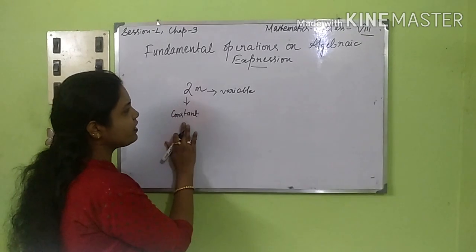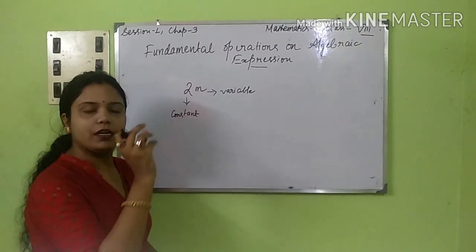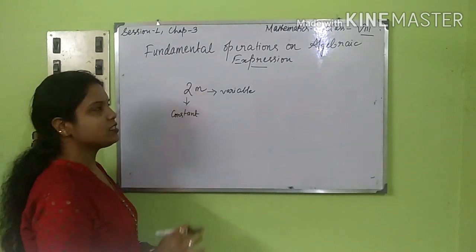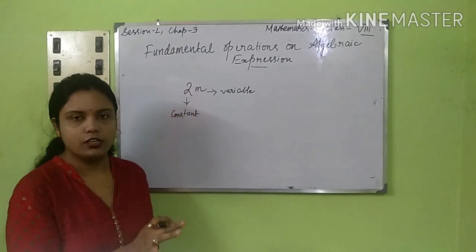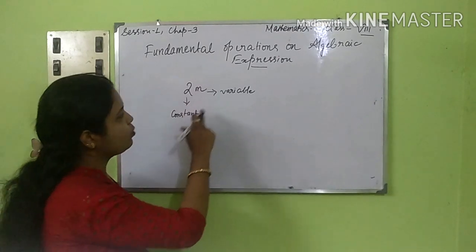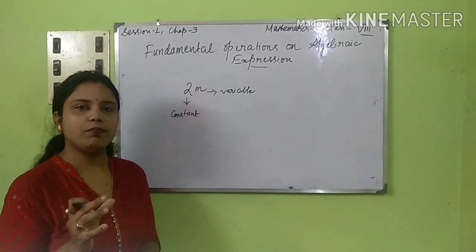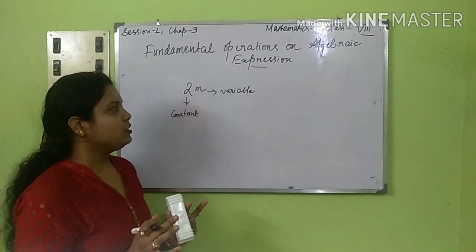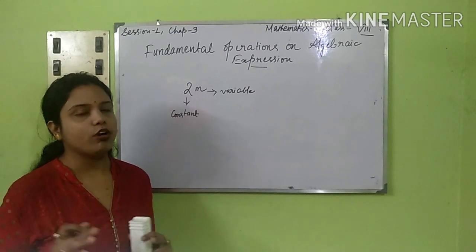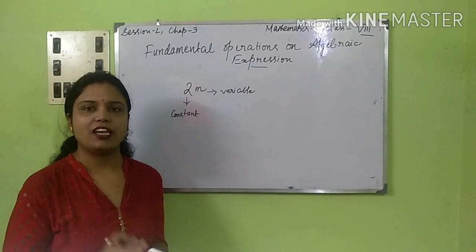Now, what is the difference between a constant and a variable? A constant is one which has a particular fixed value. Here you can understand that this 2 will not change, so it is a fixed value. That is why we call it a constant. And what about m being called a variable? A variable is a number which does not have any fixed value of itself.